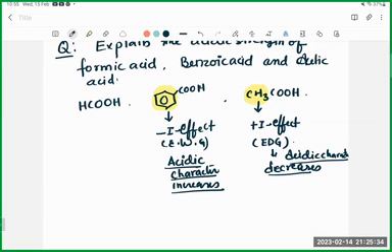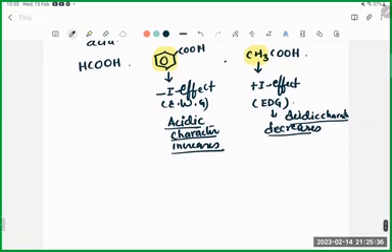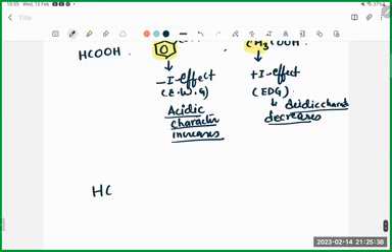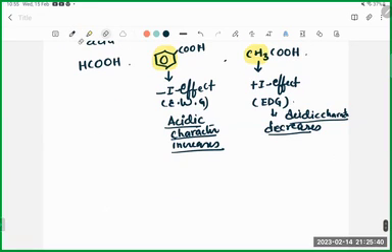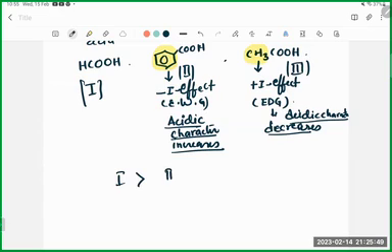So only between these two we need to decide. The order goes in the same order as the compounds are given: the first, then second, and the third. Did you understand, Hridaya? Yes, ma'am.